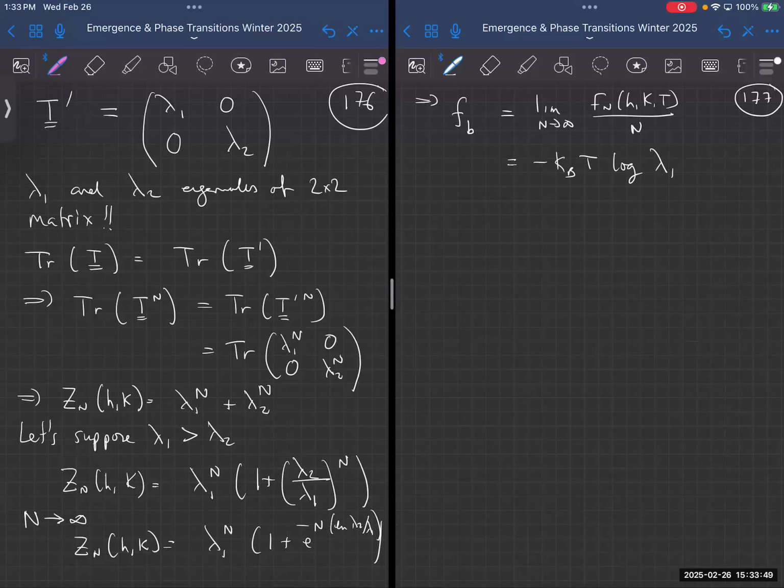So all I've got to do in the end is compute the eigenvalue of a 2 by 2 matrix. So we can all do that, even full professors can do it.